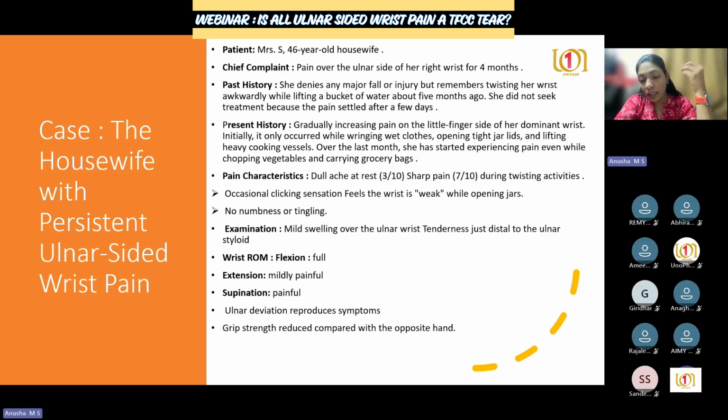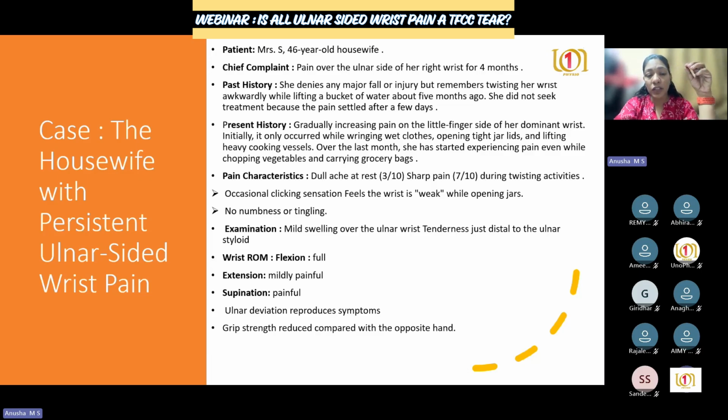There is no numbness, no tingling. That means the neurological signs are excluded. The ulnar nerve passes through the ulnar side through Guyon's canal, so if any issue happens to the ulnar nerve, there can be tingling and numbness. So these structures are not affected.